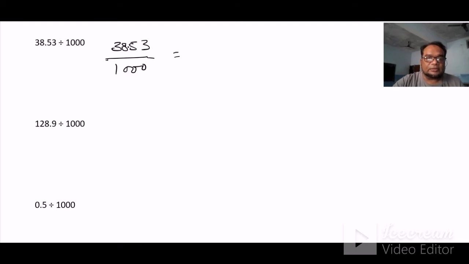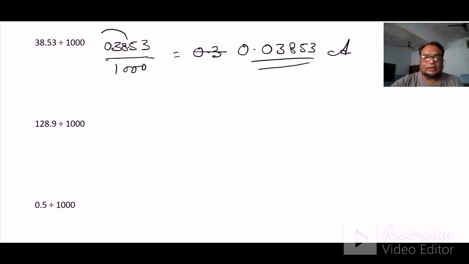So here the decimal is shifted 3 digits. So here there are only 2 digits, so we can put 0 here, 3 digits to the left hand side of the number. So 0.03853 is the answer.